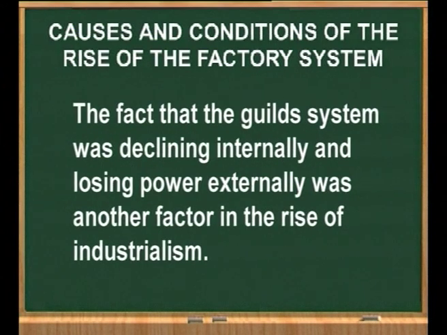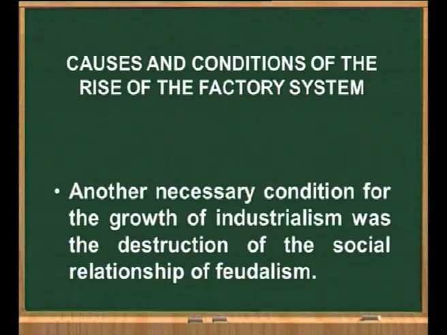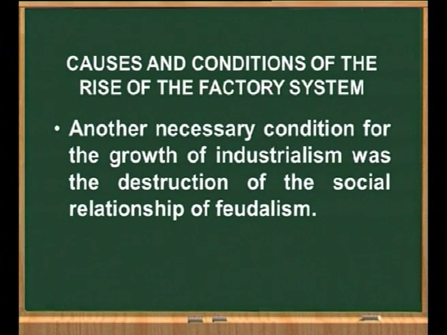The fact that the guild system was decaying internally and losing power externally was another factor in the rise of industrialism. Another necessary condition for the growth of industrialism was the destruction of the social relationship of feudalism.